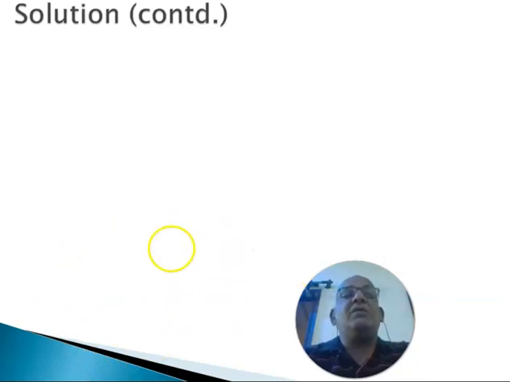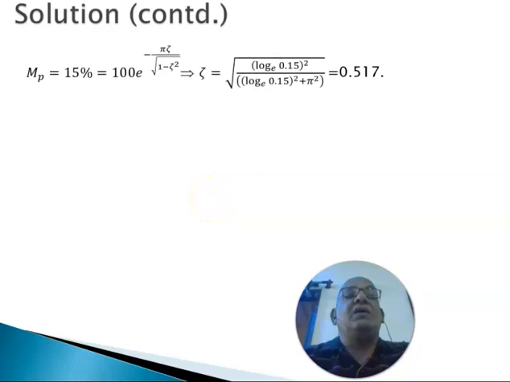We are given the peak overshoot requirement. So we'll try to write that down. Peak overshoot is 15%, and hence you can compute the damping ratio. Percentage peak overshoot is a function of the damping ratio, so you can compute the damping ratio as given here, 0.517.